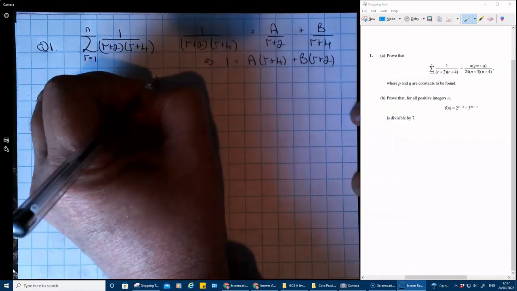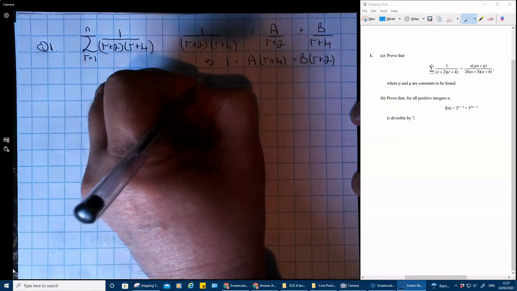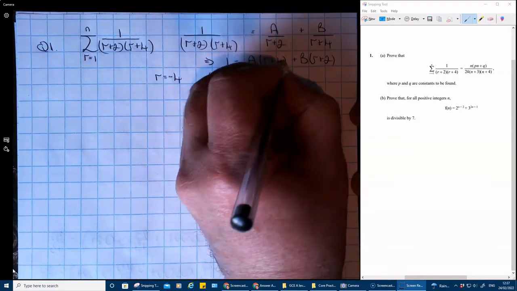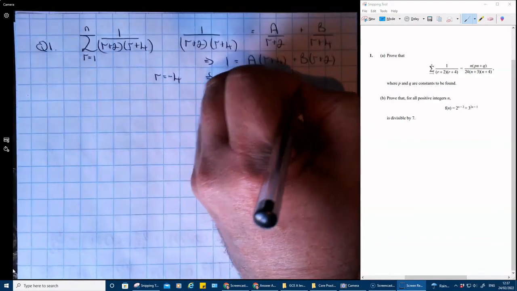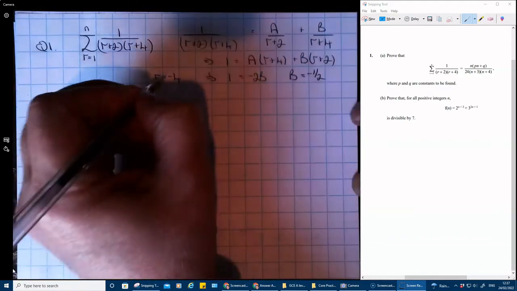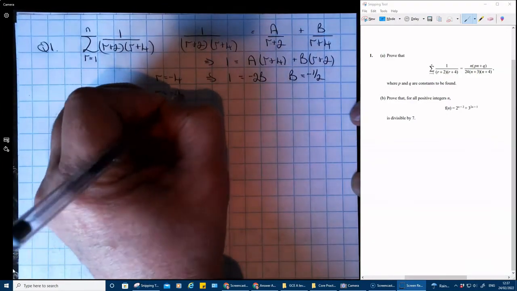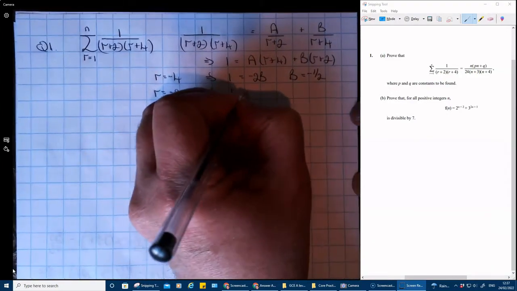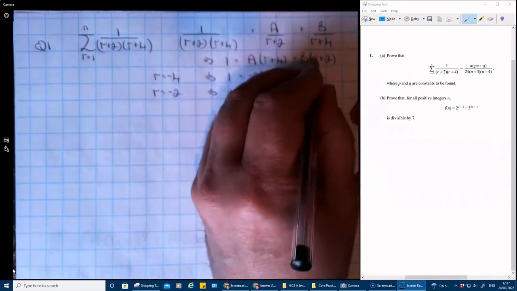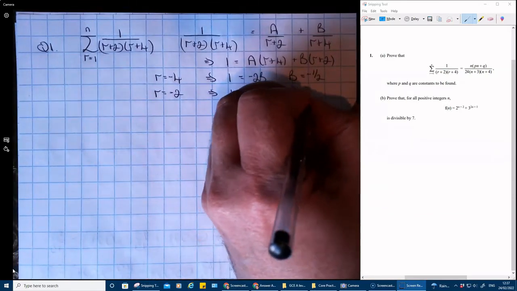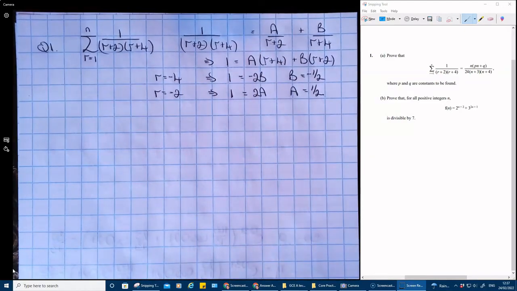We let r equals minus 4, gives me 1 equals 0 minus 2b, so b is minus a half. Let r equals minus 2, we get 1 equals 2a plus 0, a is a half.